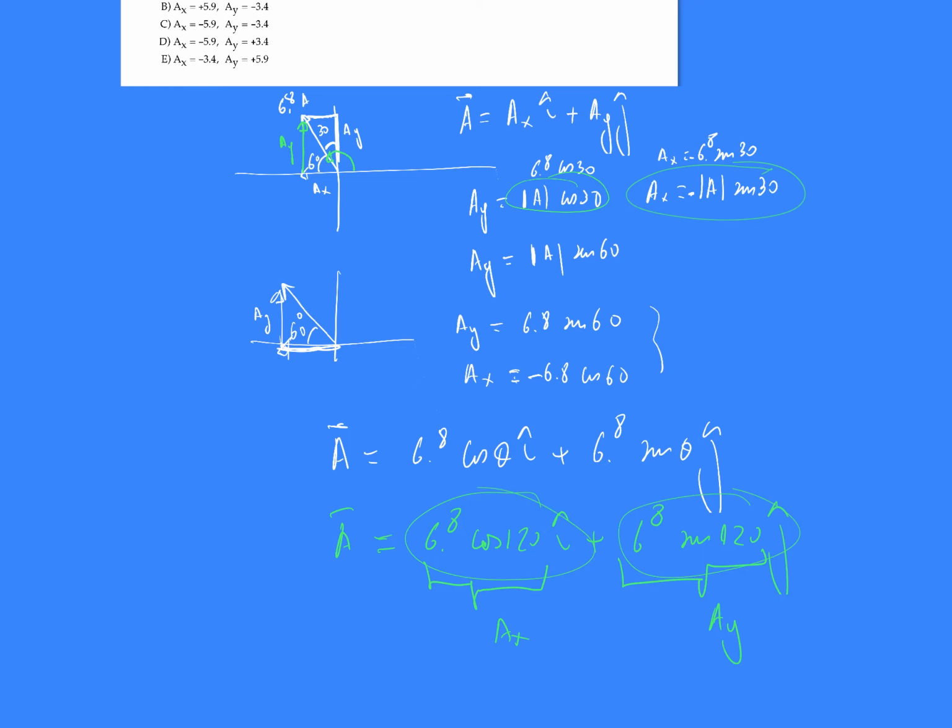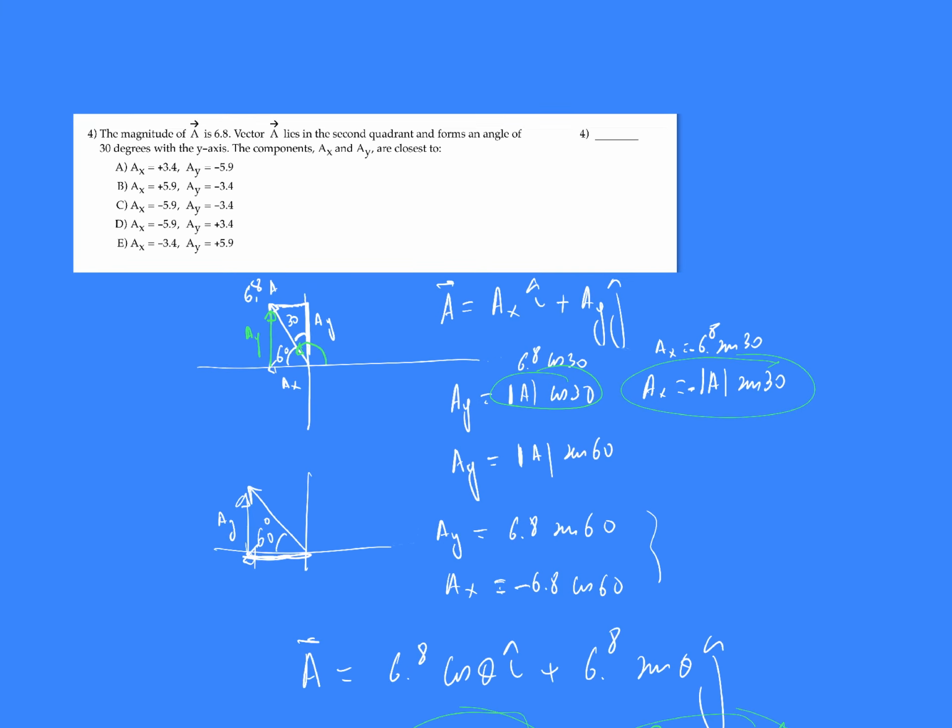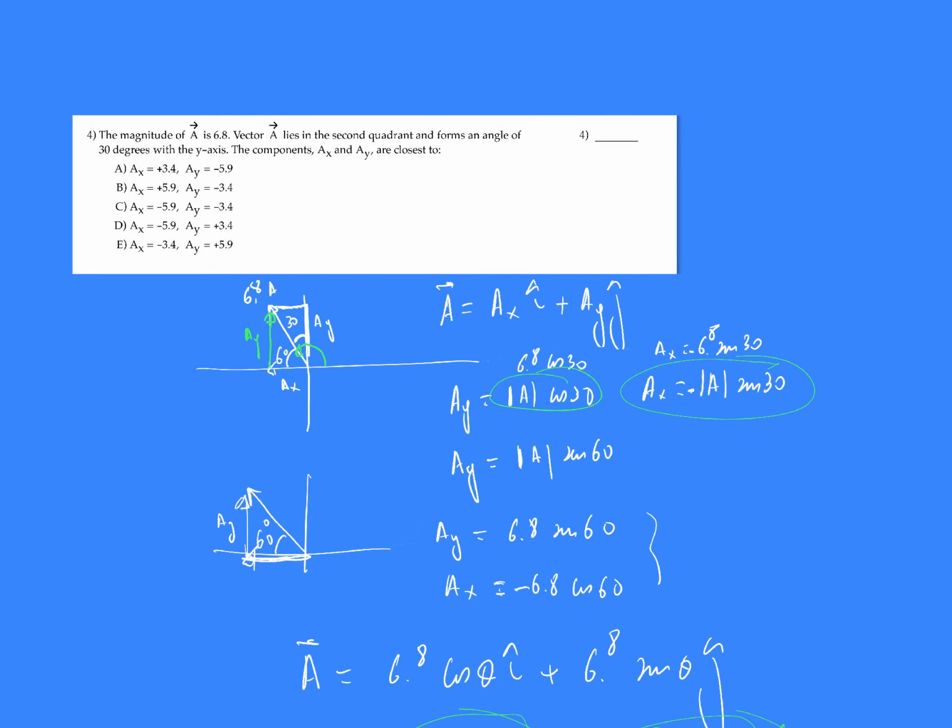So please try to remake the problem and choose where the ax is. For sure, this one cannot be valid because ax is negative. So it could be any of these two, could be 5.9. The valid one should have ax negative and ay positive.